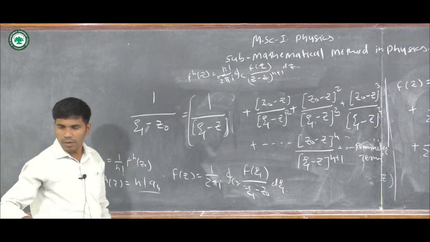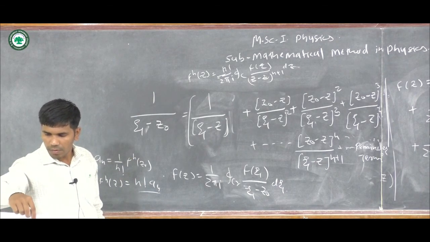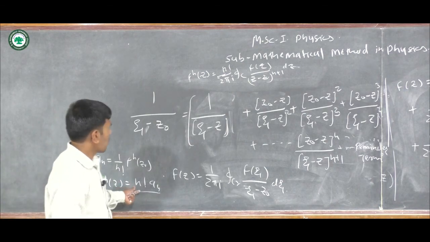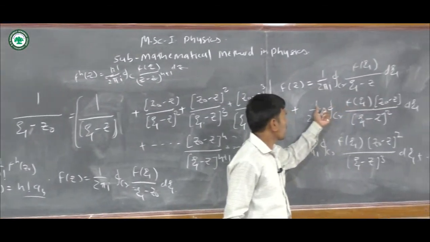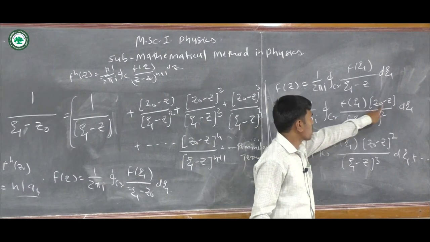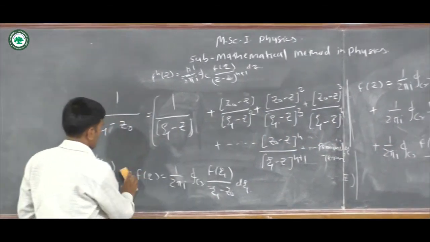So let's check. If I put these things here, this is n factorial by n, and this z0 minus z0.